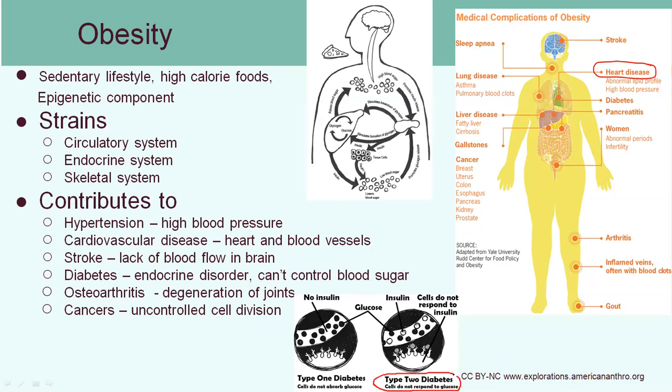There is something called type 1 diabetes that has a genetic predisposition where the person is not able to produce insulin at all. And that is not necessarily due to their diet, while type 2 diabetes is more associated with insulin resistance, which does develop due to diet. And then osteoarthritis, which I mentioned, as well as higher risk of cancers.